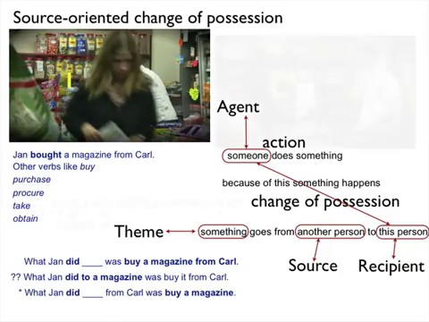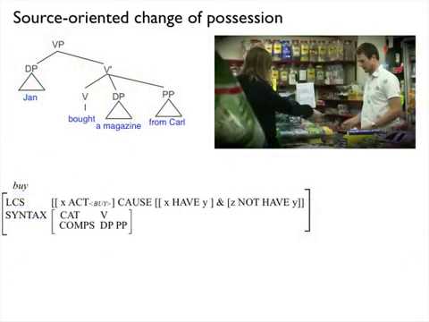So notice that we've got a complex argument structure here, right? It would be something like this. Someone acts in a buying way, because there's exchange of money and stuff that has to be put in there. So really what you'd want to have would be X acts, causing X to have Y, right?